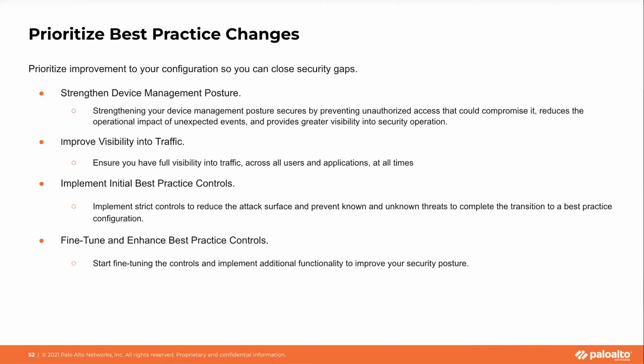So maximize your security profile adoption. Once you review your adoption summary, identify the gaps in adoption, remediate the gaps using your safe transition steps, and move towards the best practices.